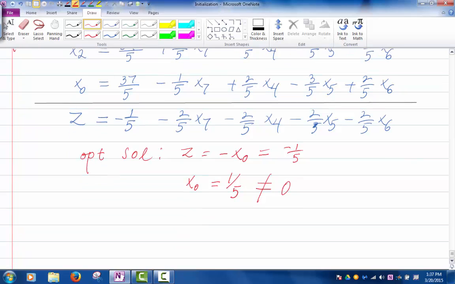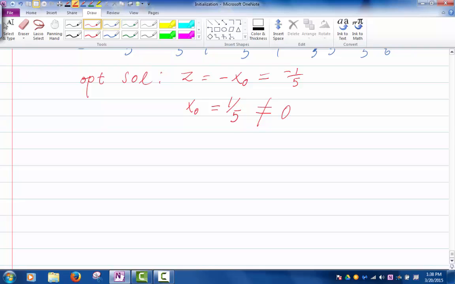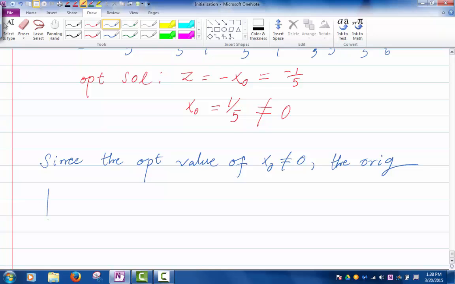Since the optimal value of x0 is not 0, the original problem is infeasible.